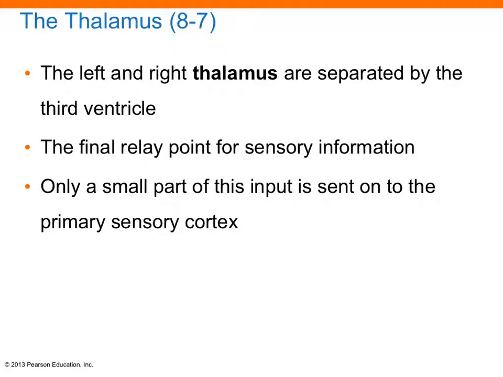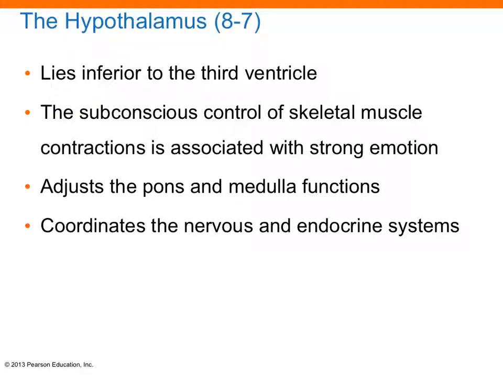The thalamus has a right and left thalamus and are separated by the third ventricle, and they're the final relay point for sensory information. Finally, we have the hypothalamus. This lies inferior to the third ventricle, and it's subconscious control of skeletal muscle contractions. It's usually associated with strong emotion.